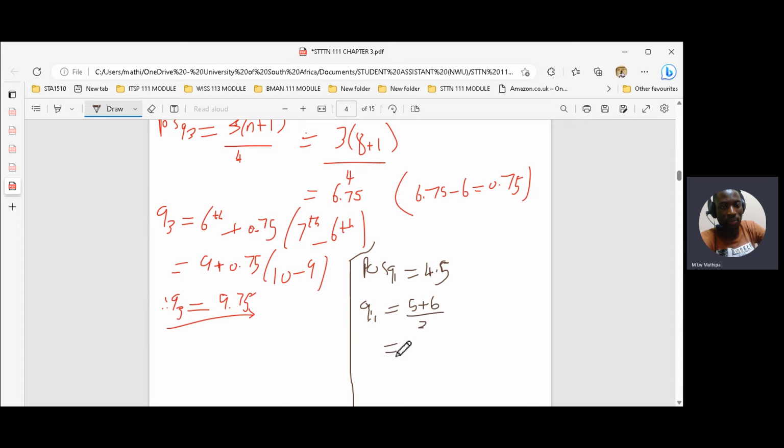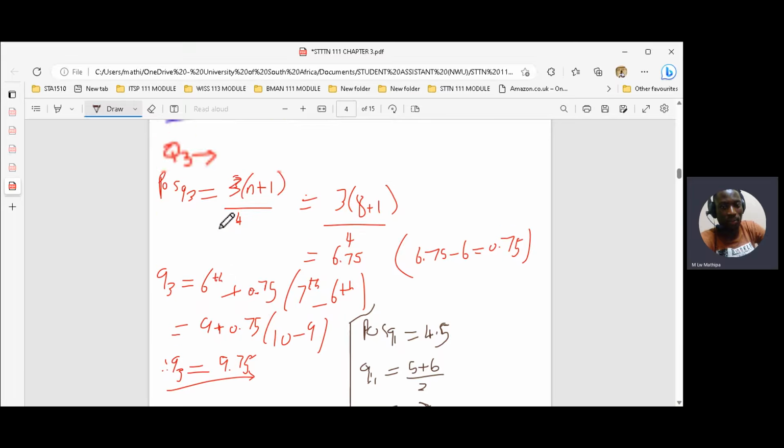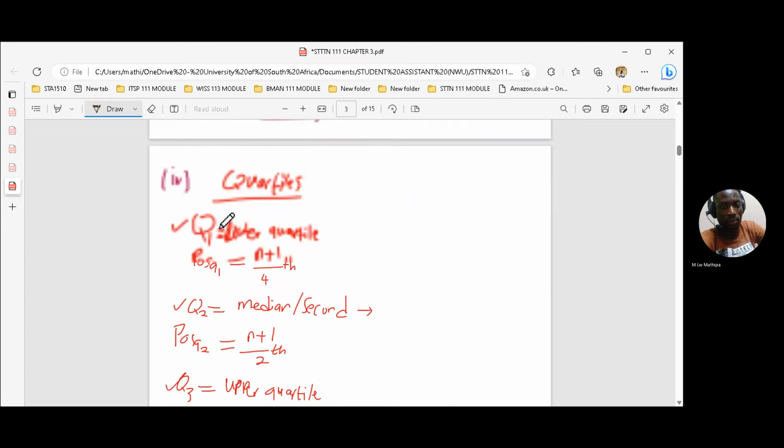Then you get your answer for Q1 here. The same applies to Q3. If for Q3 you get 3.5, just use this method, but if you get 2 decimals, you use the other one. I hope everyone now understands.